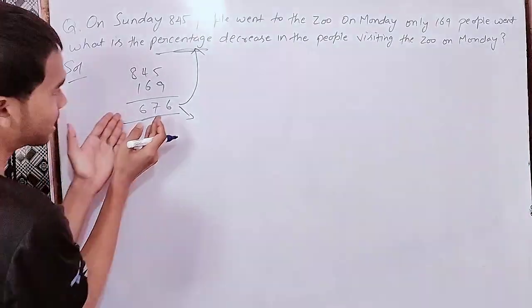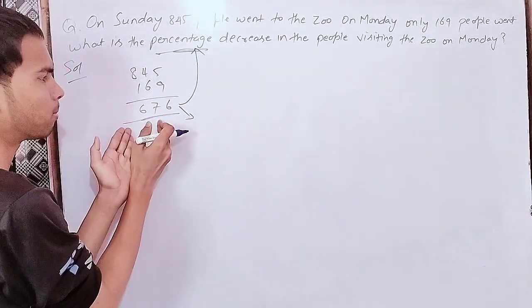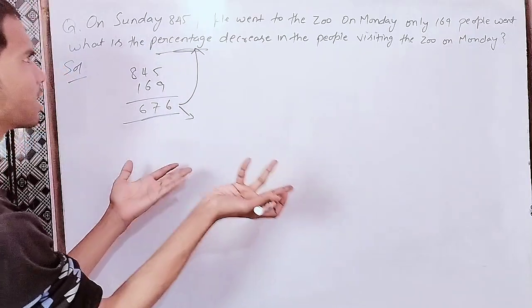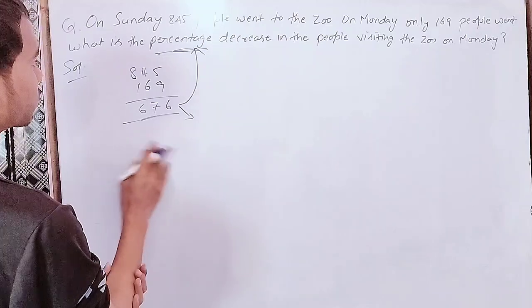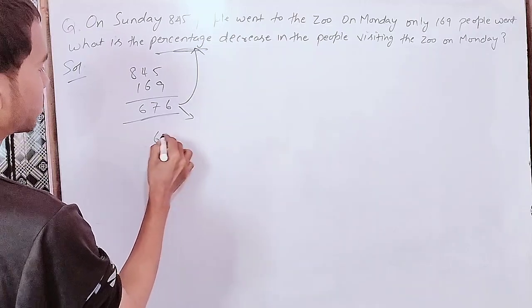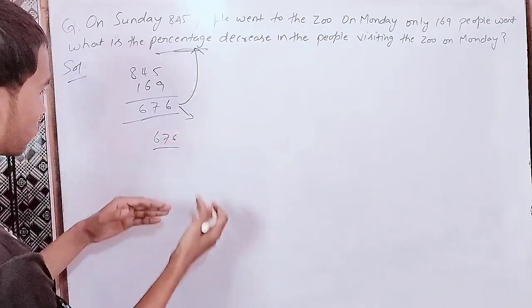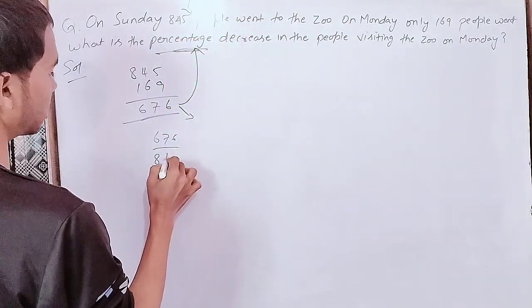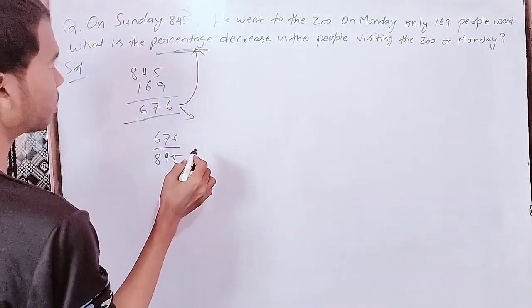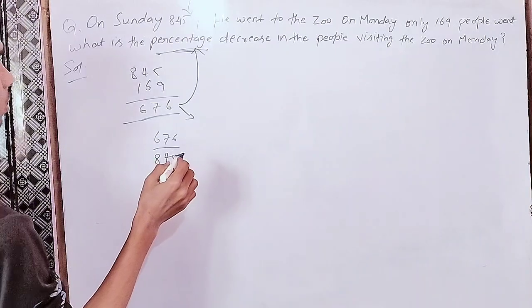And Kishan is saying this is a decrease, just convert it into a percentage. That's it. From this total amount, which is 8, we are going to convert.